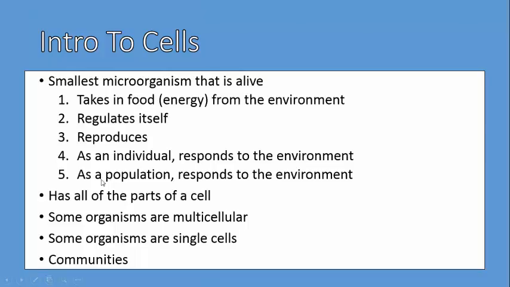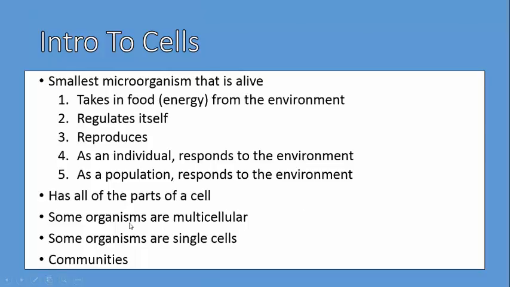By the way, this ability to respond to the environment as a population is called evolution, change in a population over time. Now, to be a cell, you have to have all the parts of a cell. In this class, we're going to be talking about viruses. Viruses are not considered alive because they don't have all of the essential parts of a cell. And we'll get into that later in week 3.